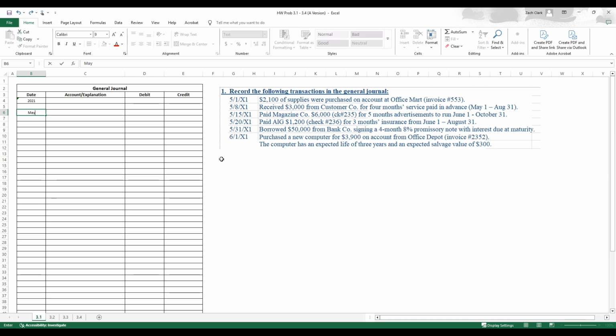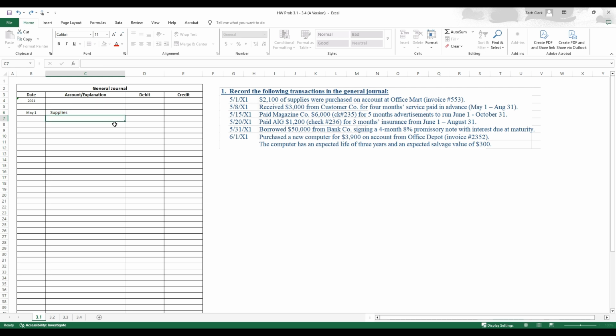So the first one, I'm just going to go ahead and put our date in here. Again, just a little bit of the format: I'm going to put 2021 at the top, and then we don't need to put the year every time below. The first transaction tells us that $2,100 of supplies were purchased on account.